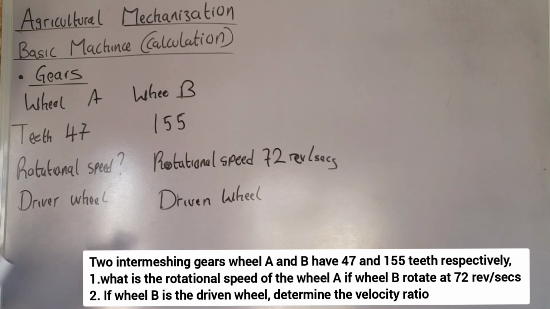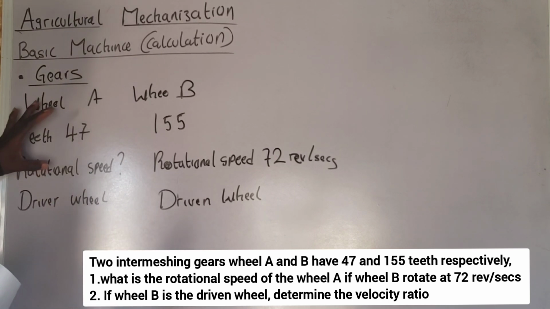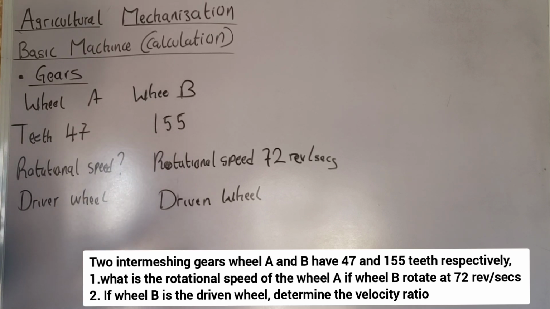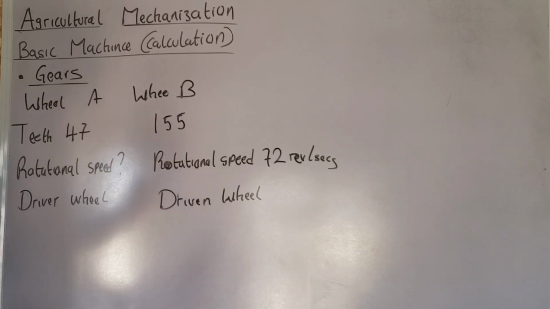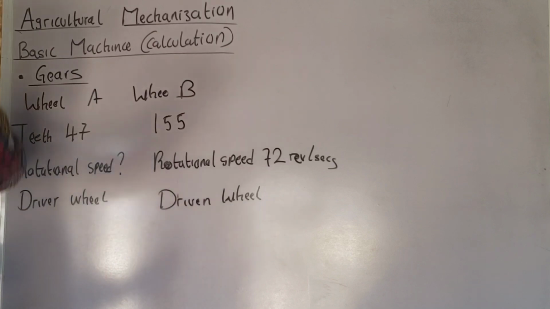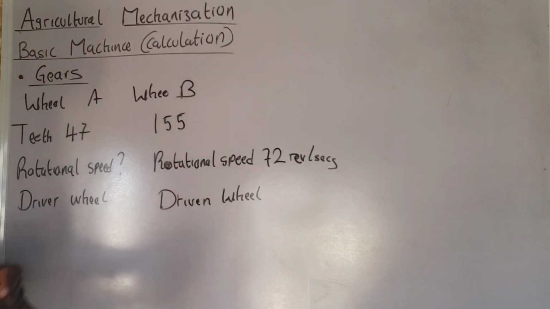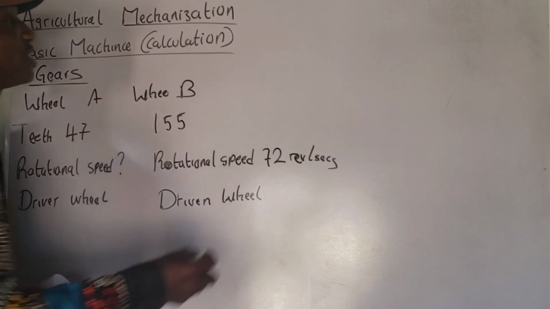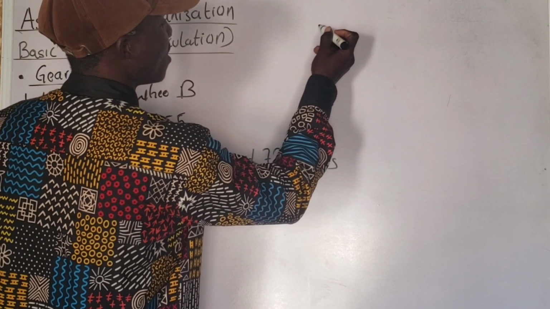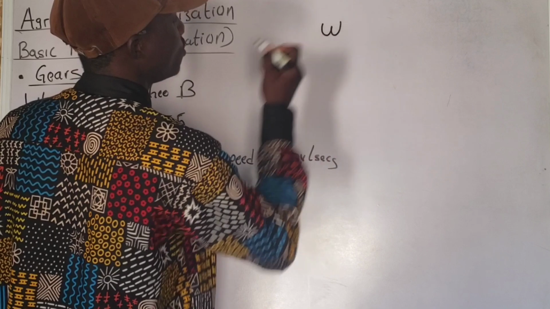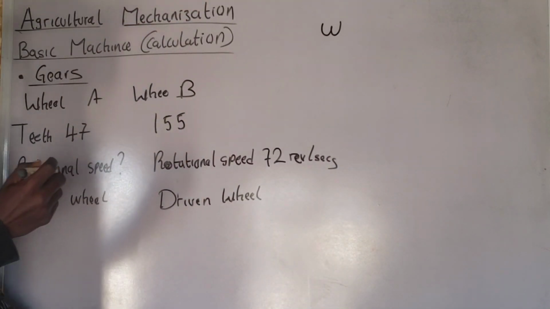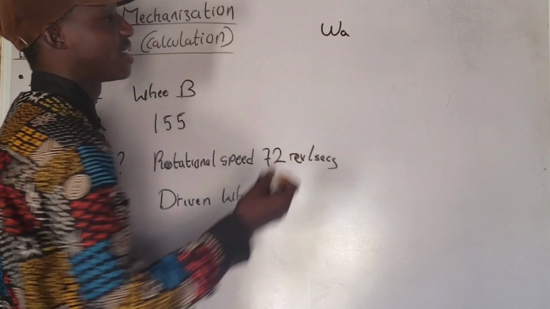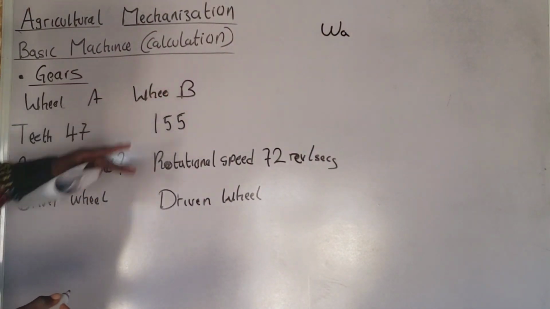You see, the speed of wheel A and wheel B is what we call angular speed, because it is a rotational speed. And angular speed is always denoted by W. The speed of wheel A will be WA, and the speed of wheel B will be WB.